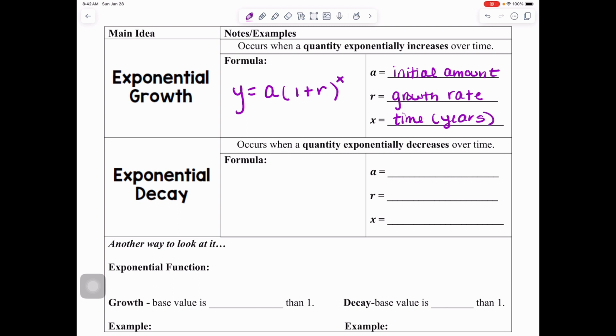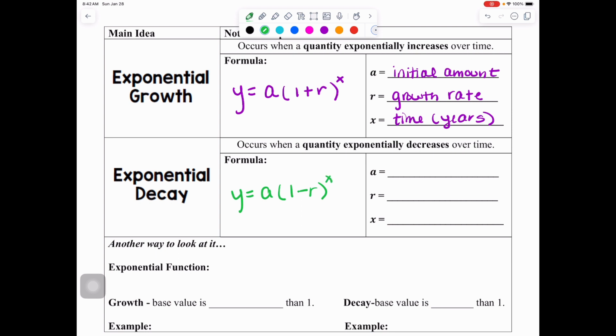At the same time, we can slightly tweak that formula and have a formula for exponential decay. So for exponential decay, there's only one small change. We'll do y equals a times 1, and then instead of adding r, because this is not a growth problem, we're going to subtract r because this is decay.